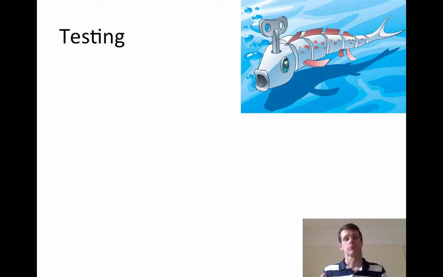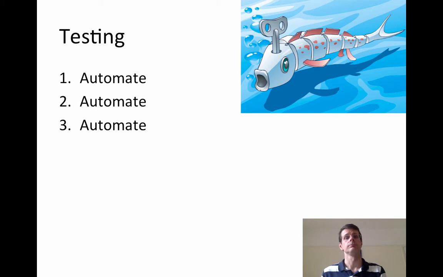One day we'll get there, one day we might eliminate testing, but for the moment, we still need to have testing in the picture. The mantra with testing is automate, automate, automate. When we talk about automated testing, people are very quick to point out what can't be automated.